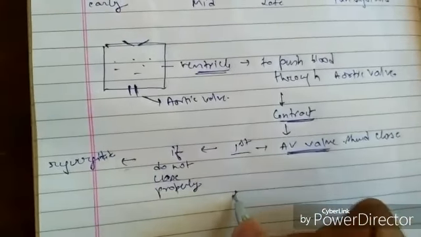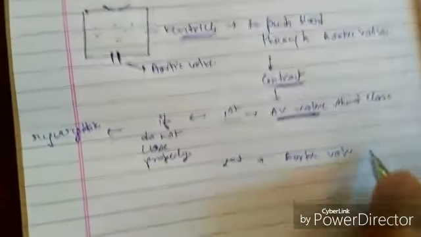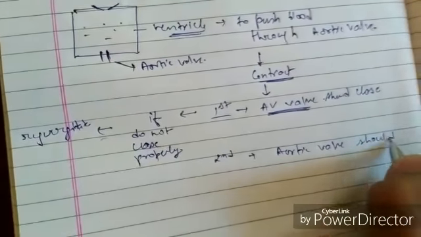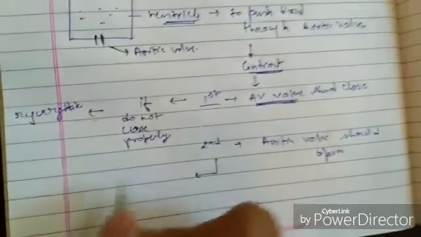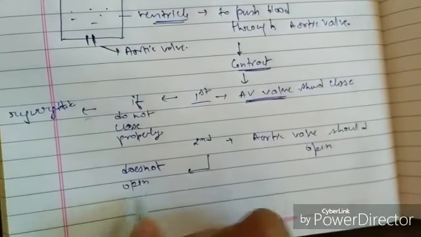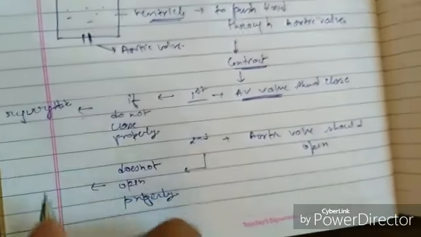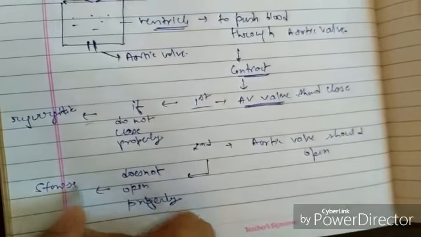Now the second thing: suppose it closes properly. The ventricle keeps contracting and increasing in intensity. When the pressure increases, the second valve, the aortic valve, should open. If it does not open properly, that is another valve defect, stenosis.